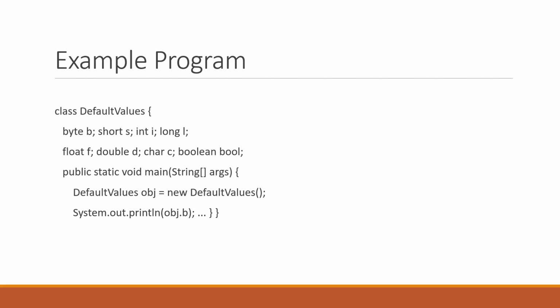Let's see a program. I create a class called DefaultValues. Inside it, I declared variables of primitive types but did not assign them any values. Now in the main method, I just print them. Here I will print all of them.